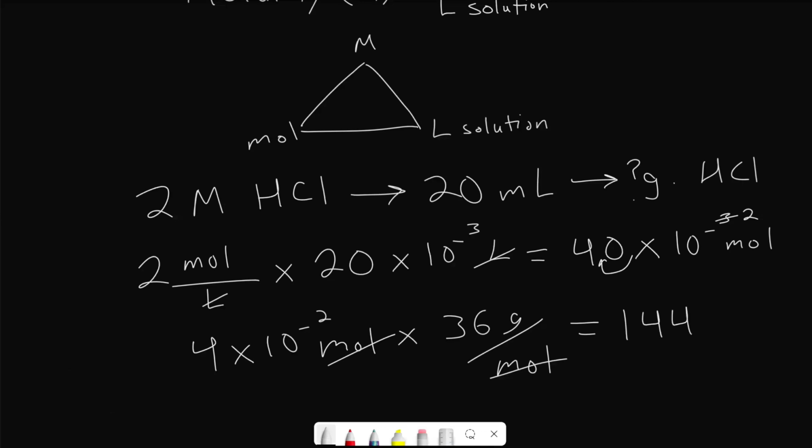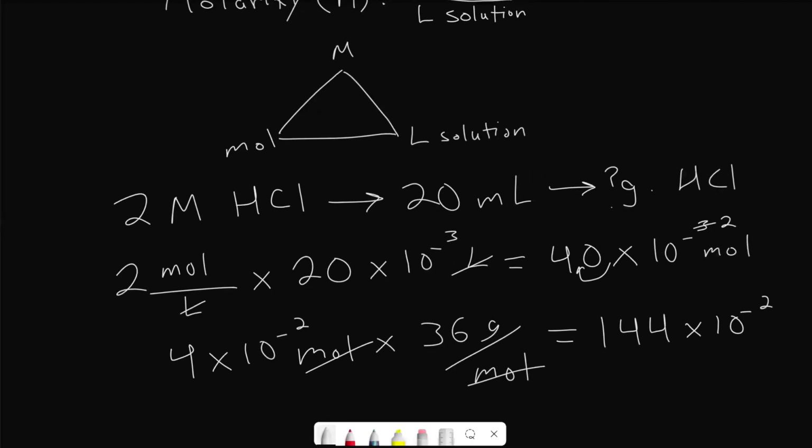And so that was the coefficient. And then you can take that times 10 to the negative 2, because we still have that here in the scientific notation. And so ultimately we have that many grams of HCl. If you turn this into proper decimal form, because we don't really need the scientific notation at this point, we'll just move the decimal over two places, and this will go away, and then we'll call this 1.44 grams of HCl.